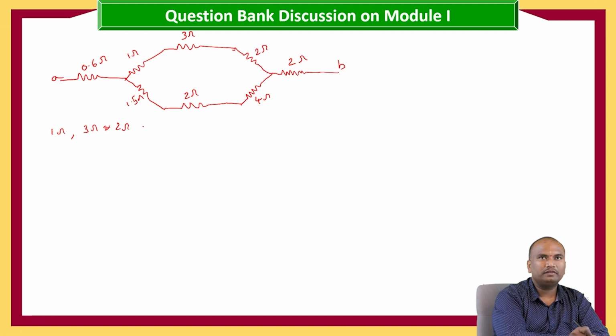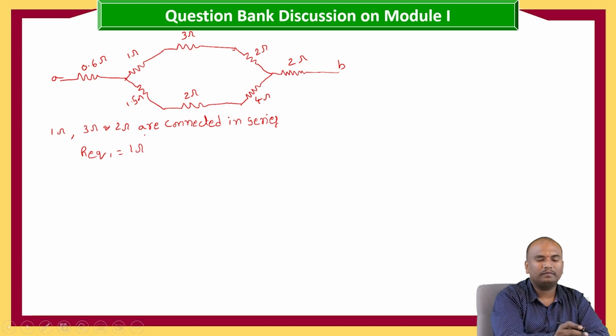When these are connected in series, R equivalent 1 is equal to 1 plus 3 plus 2, which is equal to 6 ohms.